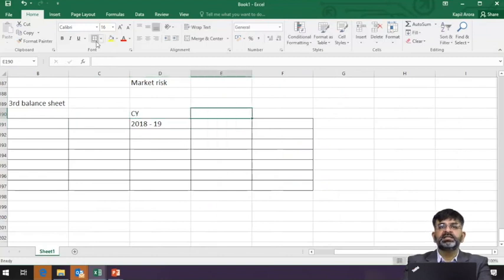You have to present the same numbers for the previous year also, which is 2017-18.